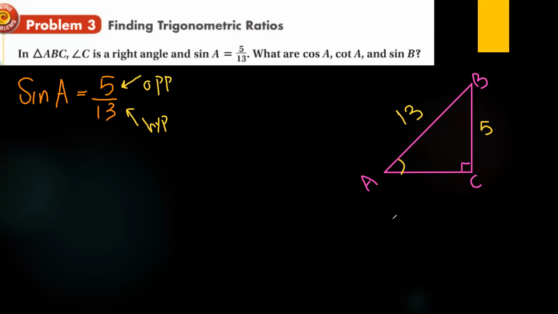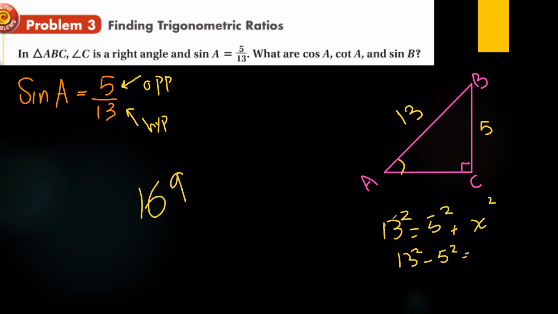So if this is 5 and this is 13, I can find the length of line segment AC by the Pythagorean theorem: 13 squared will be 5 squared plus x squared. So 13 squared minus 5 squared, which is 169 minus 25, will be 121, I think. 169 minus 25, no, 144.